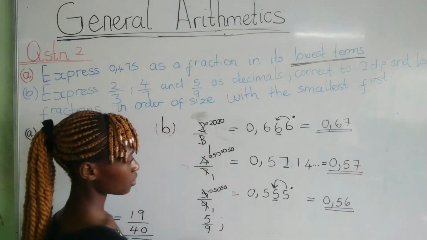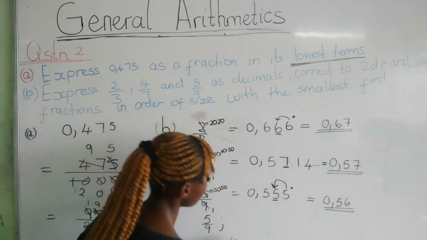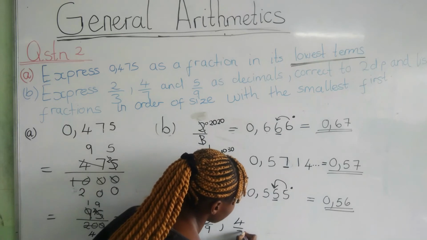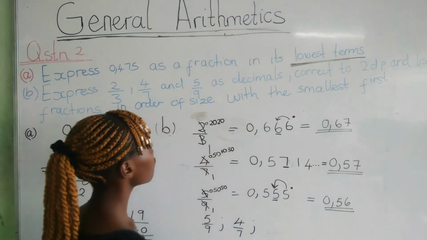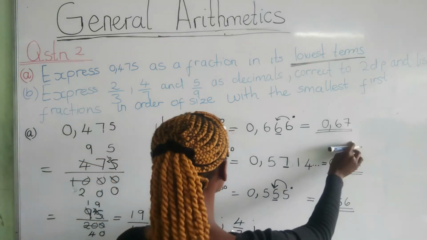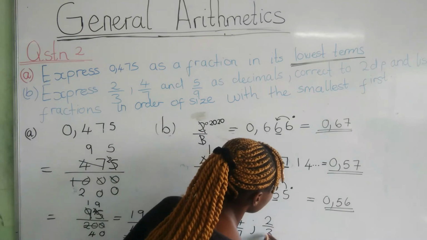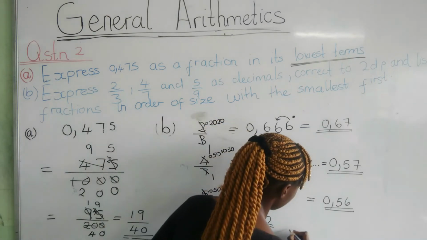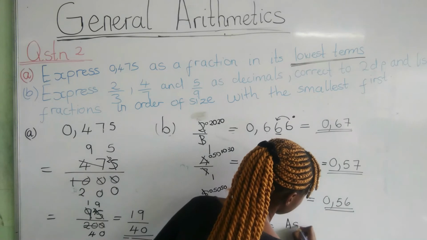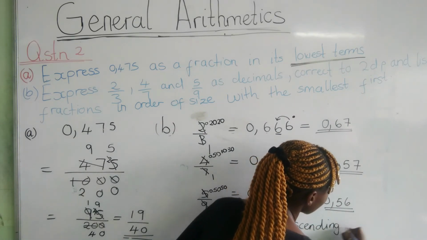You put your semicolon, followed by 0.57, that's 4 over 7. Semicolon, followed by 0.67, that's 2/3. And you just tell them that you started with the ascending, it's called the ascending order.